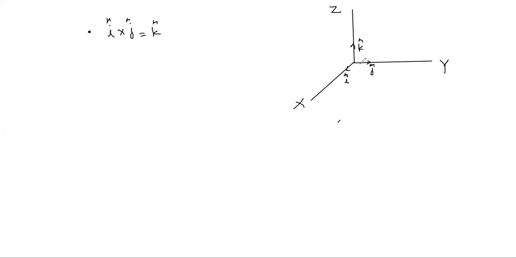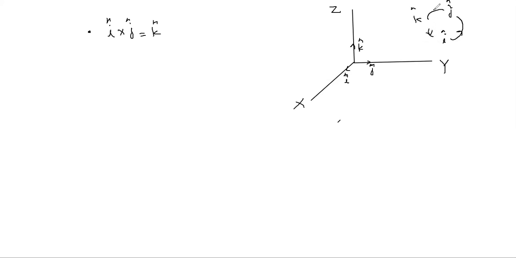So suppose you are finding I cross j. Then you are moving in the anti-clockwise direction from I to j, or k cap, j cap, I cap.